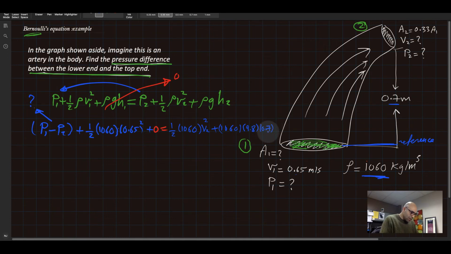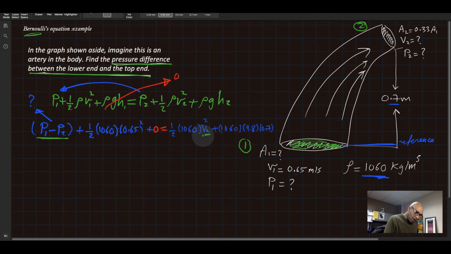Now let's look at our equation. We actually have two unknowns in our equation, and this is one equation with two unknowns. We cannot solve it, so we have to look for another venue.